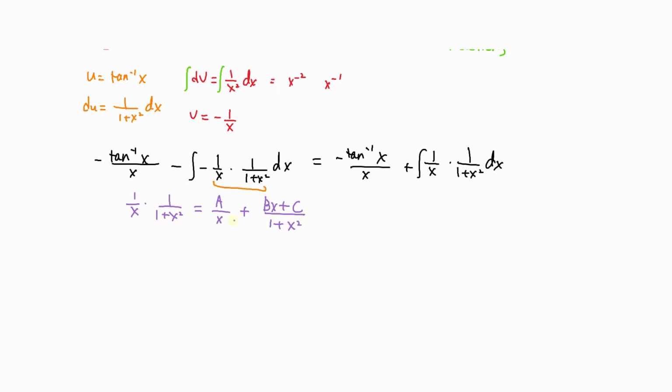Therefore, I can multiply on both sides by x times 1 plus x squared, which makes the left side equal to 1 because they simply cancel out. So on the left side I have 1, and on the right side the x will be cancelled out on the first term, so I have 1 plus x squared times A, plus I have x times Bx plus C, because 1 plus x squared gets cancelled out.